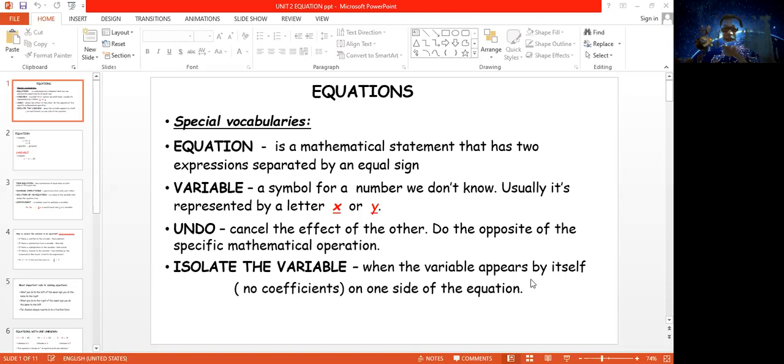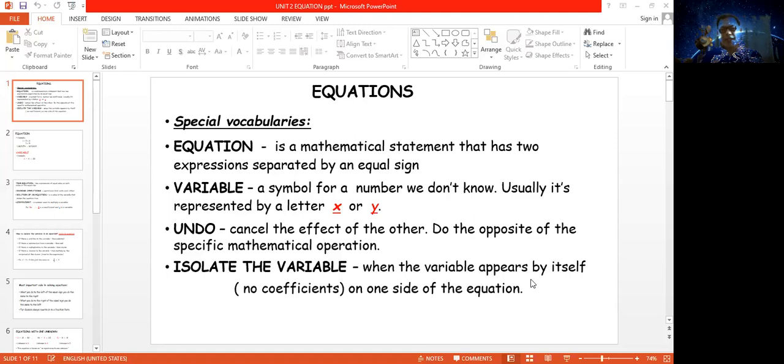And a variable is a symbol for a number we don't know, the problem in a mathematical expression. Usually it is represented by a letter, commonly X or Y, but it could also be A, B, C, or any letter.